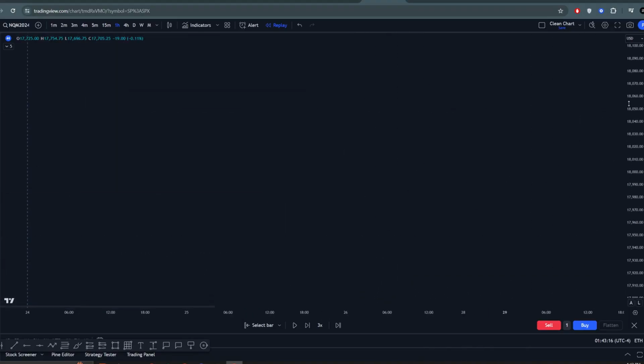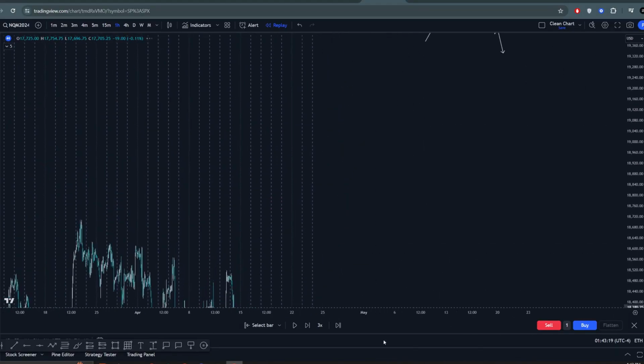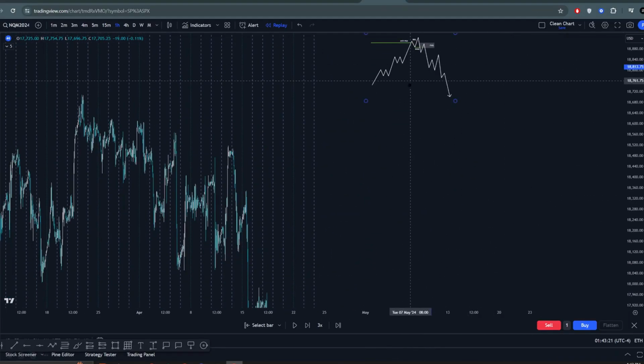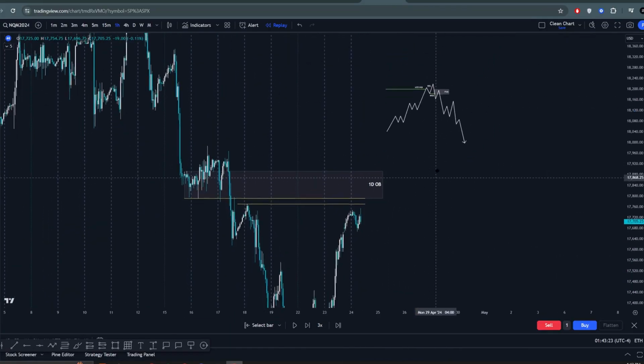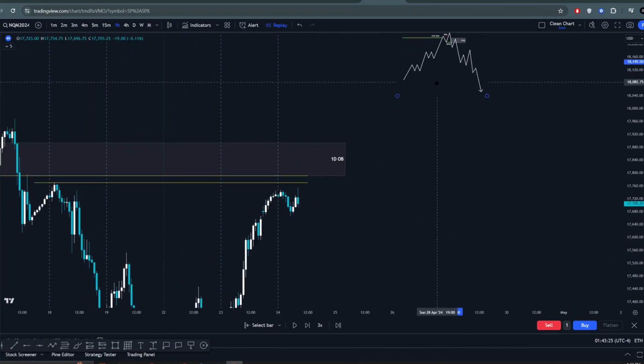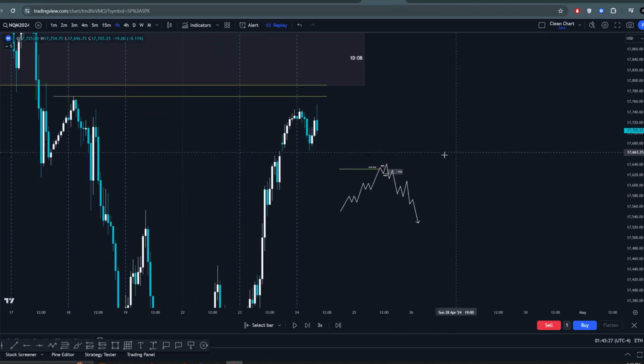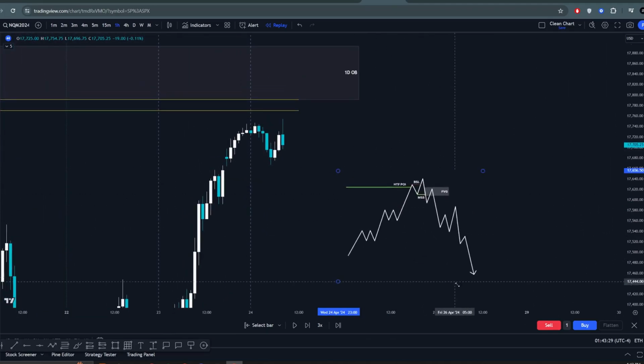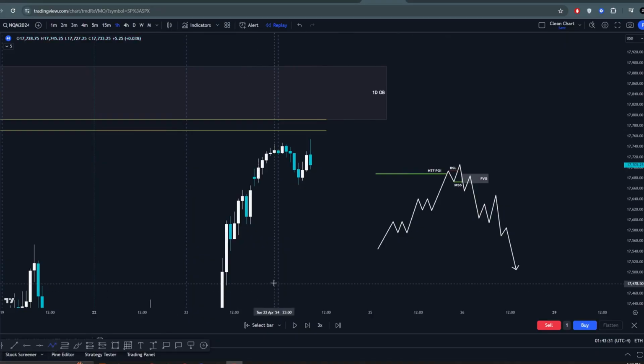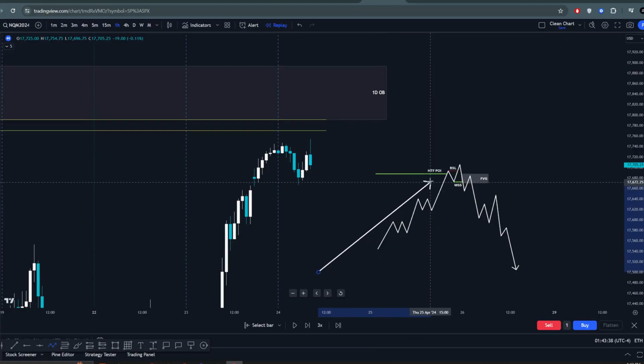We have here our guide right here. So currently right here we are going higher. As we can see, price is continue going higher. We have here a higher time frame point of interest or PDRA.